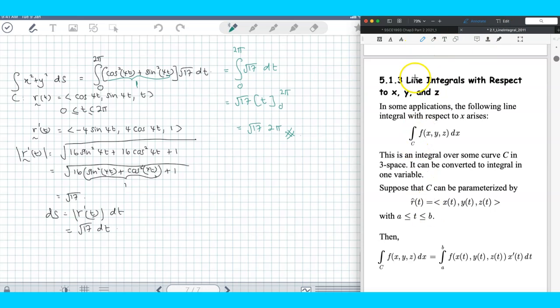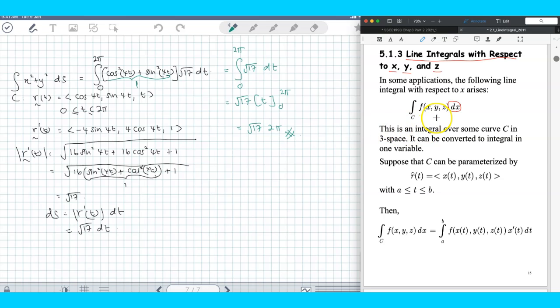Okay, so that is the thing that you want to look at in this section: line integral with respect to only x, or with respect to only y, or with respect to only z. In some applications, the following line integral with respect to x arises. So instead of with respect to arc length, we can also have the line integral with respect to x, with respect to y, or with respect to z.